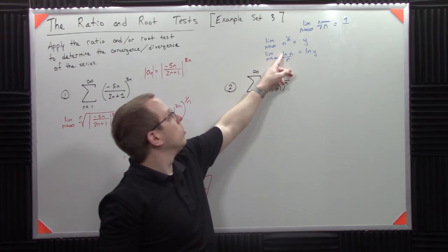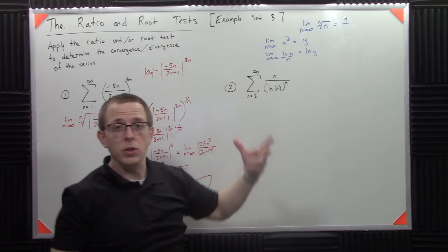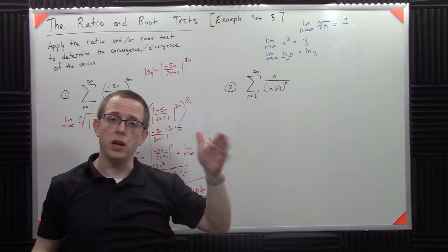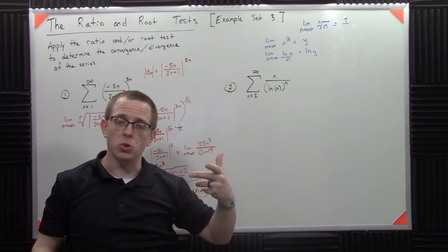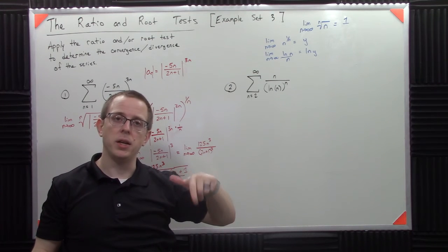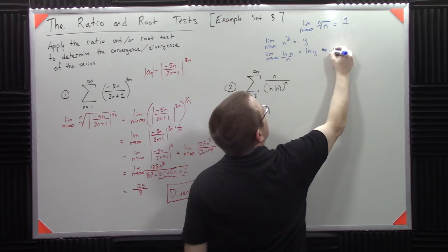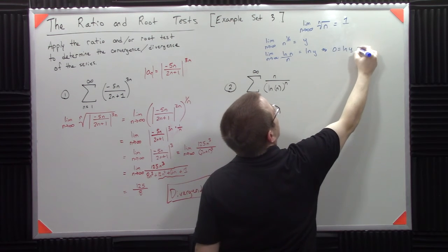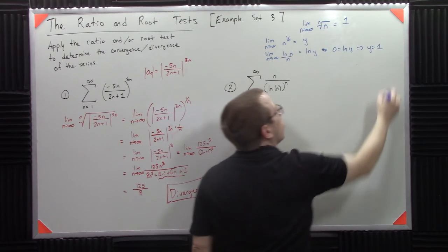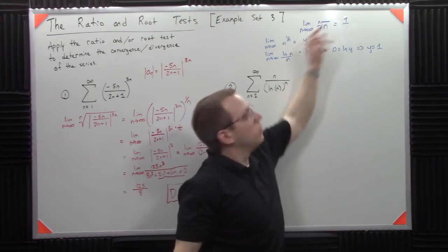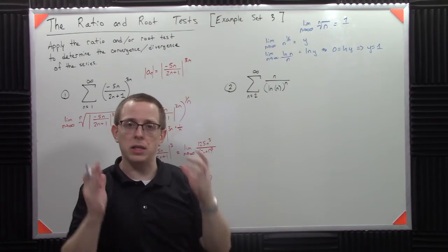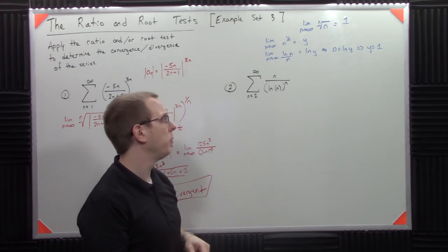So we have natural log of n over n. If you take that limit to infinity, you're going to get infinity over infinity. Take L'Hopital's rule, you're going to get a 1 over n. That limit drops down to 0, so we get that 0 is natural log y. So y must equal 1, which is where we're at here. That's just the way that that limit is performed.